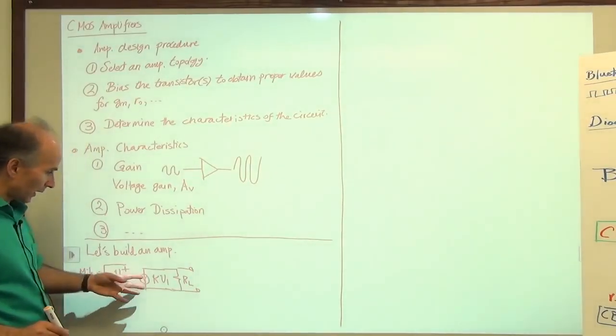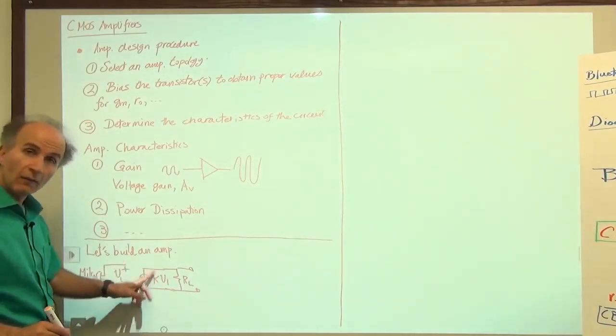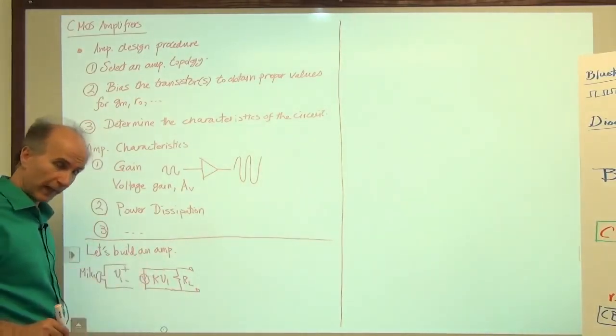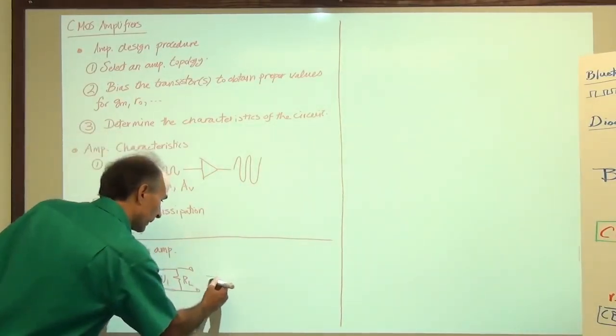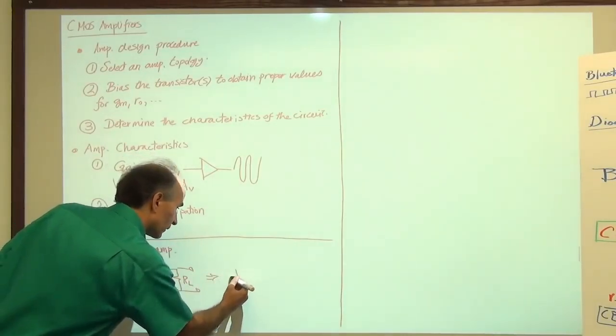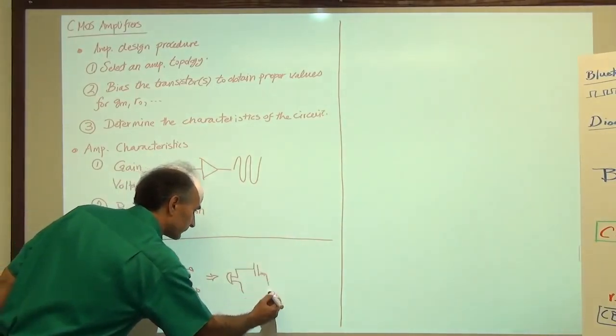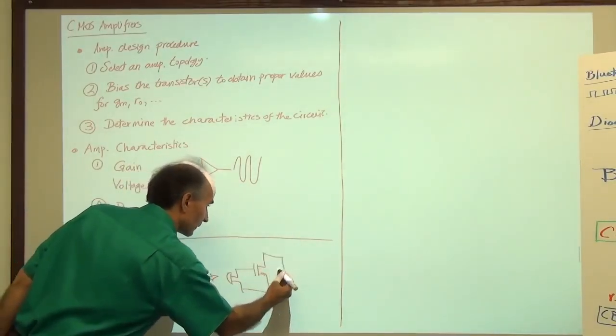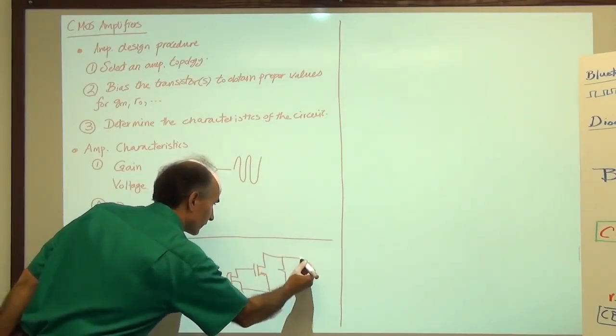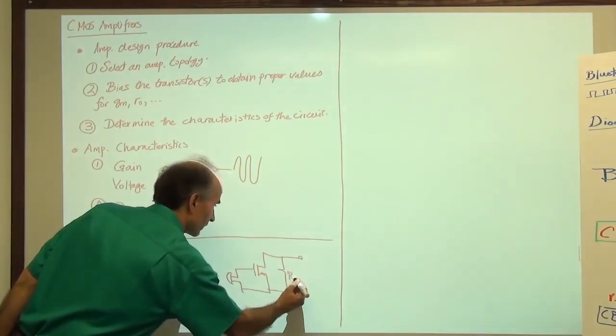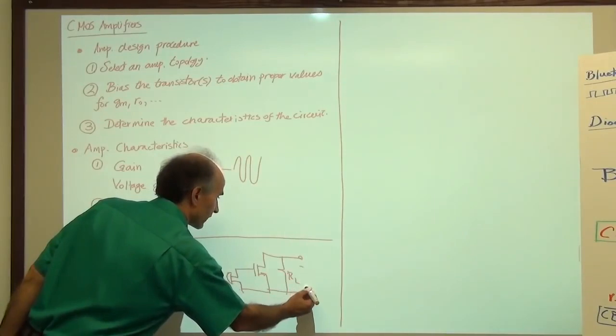Then we said, oh, well, actually a MOS device looks like a voltage-dependent current source, so why don't we do that? So in the next step, we took that dependent current source, replaced it with a MOSFET like this, and passed the current through a resistor, RL, and we thought that this might be an amplifier.